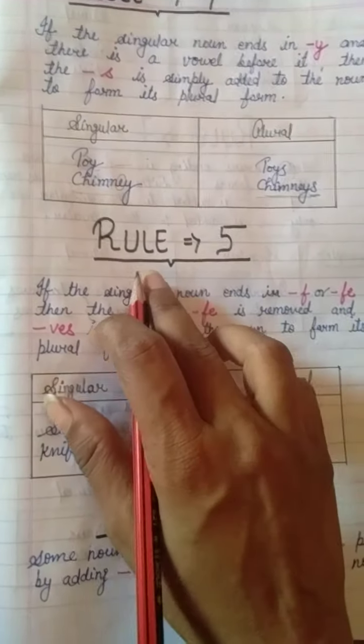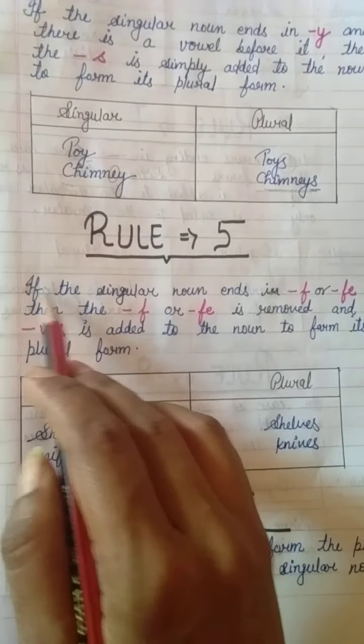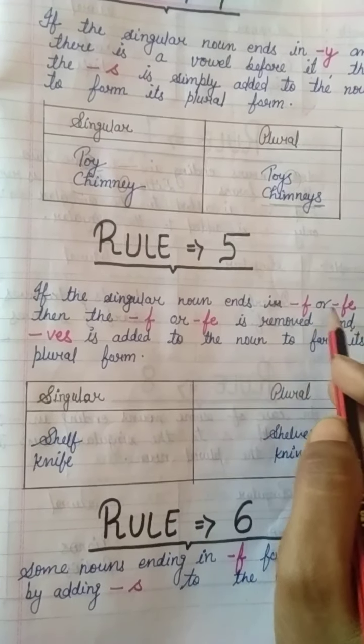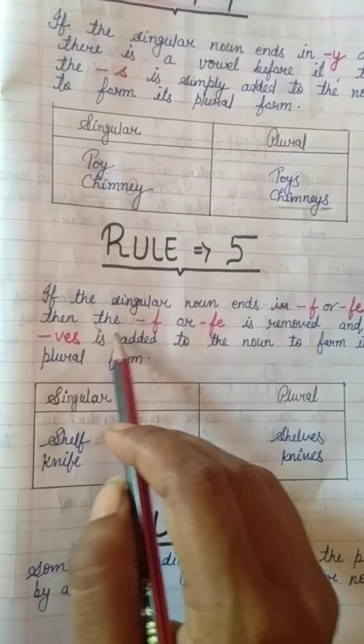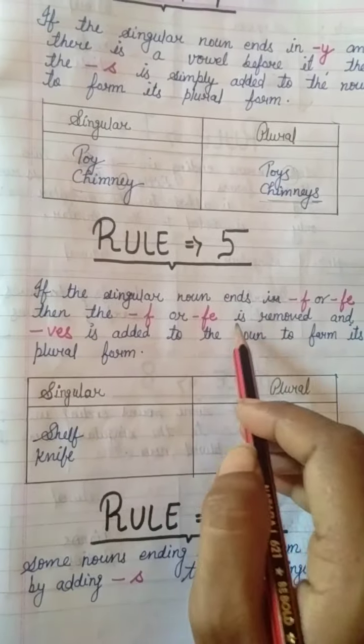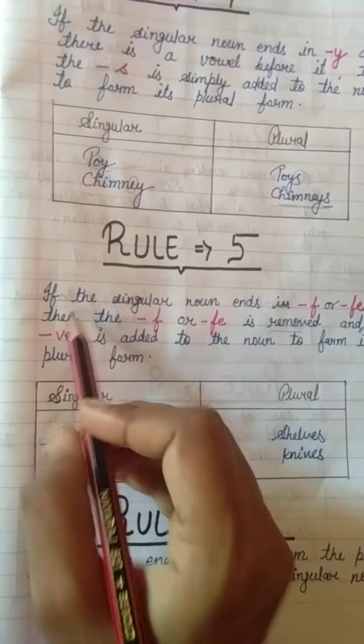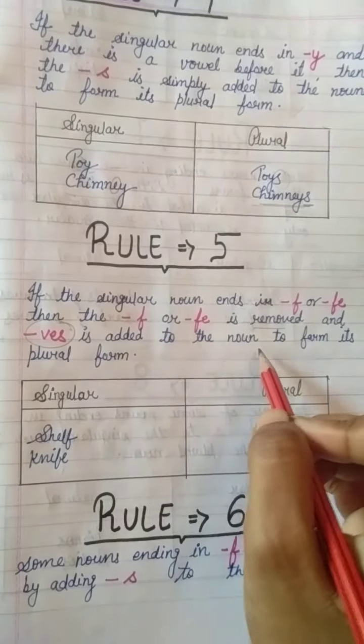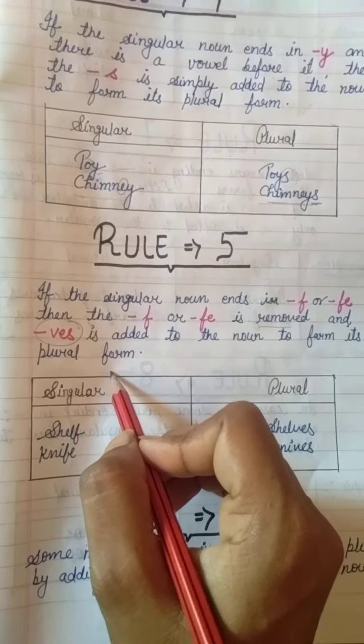Now the rule number 5. If the singular noun ends in f or fe, then the f or fe is removed and ves is added to the noun to form its plural form.